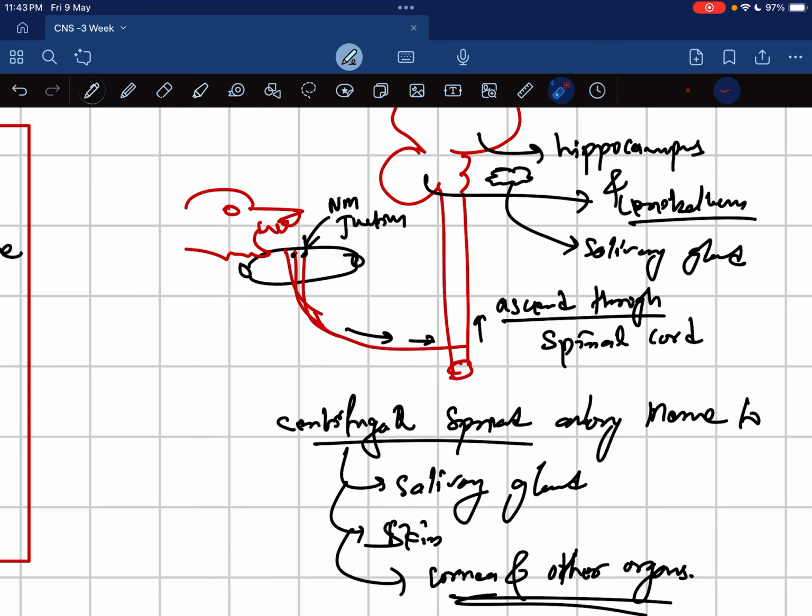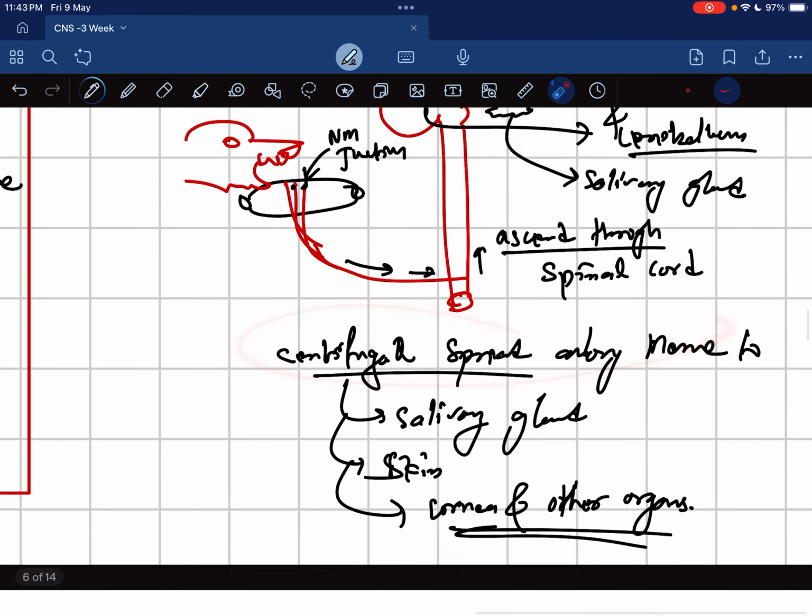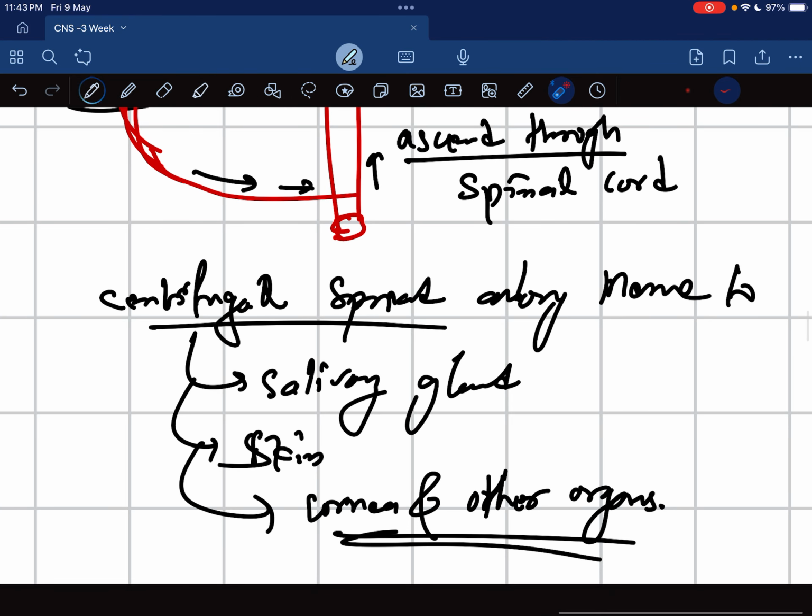After that, there is centrifugal spread of the disease through the sensory and autonomic nerves, mainly to the salivary gland, which has the maximum titer. Other organs like the pancreas, kidney, heart, retina, cornea and skin can also be affected.